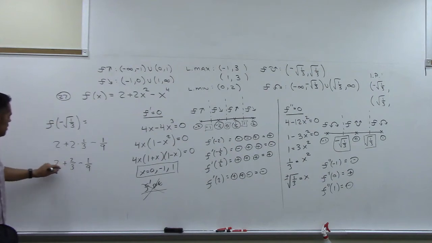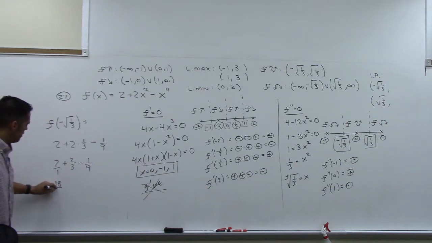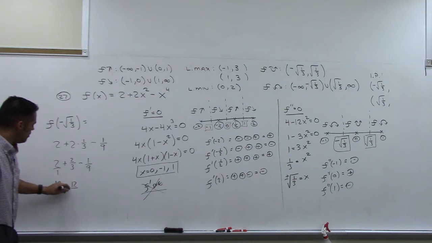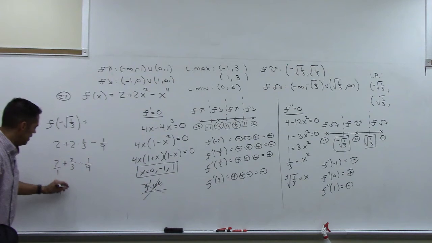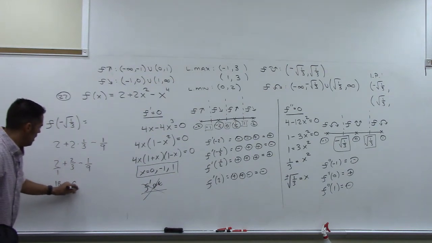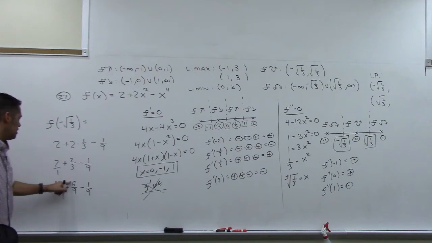Get a common denominator between all of these. So 9 is a common denominator. I multiply top and bottom here by 9: 18 over 9, plus, multiply top and bottom here by 3, 6 over 9. And then minus 1 over 9. So 18 plus 6 is 24.